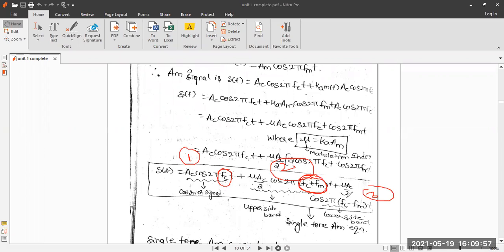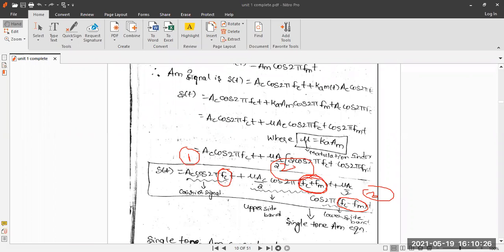And the third term has the frequency fc minus fm. Like that, we have three terms in single tone AM modulation: the fc frequency term, the fc plus fm frequency term, and the fc minus fm frequency term.